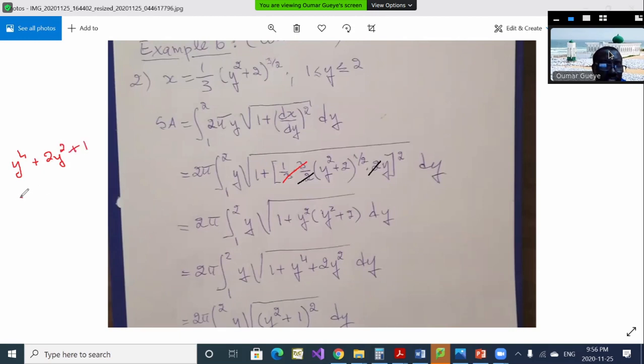And you can see this is just a squared plus 2ab plus b squared. So it means my a is going to be y squared and b is going to be 1.